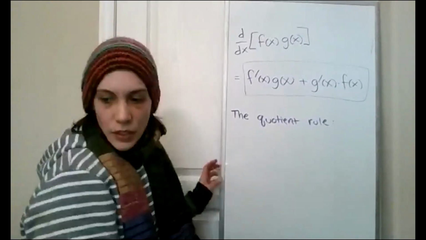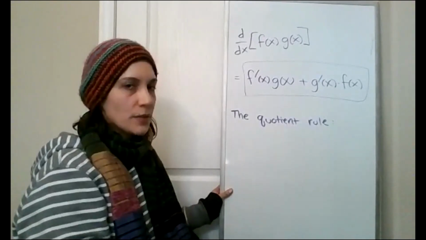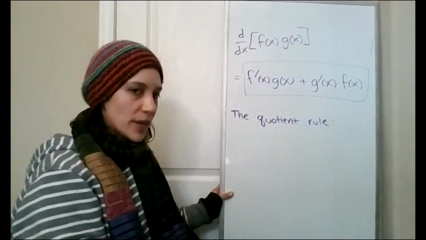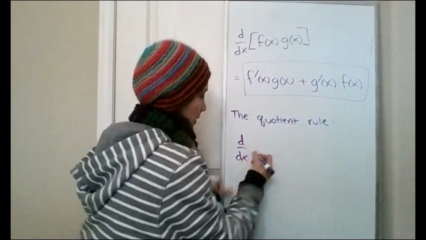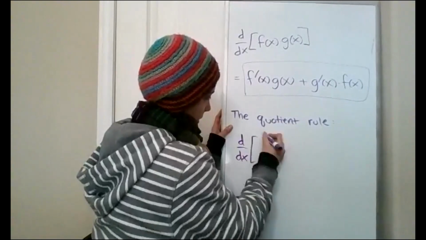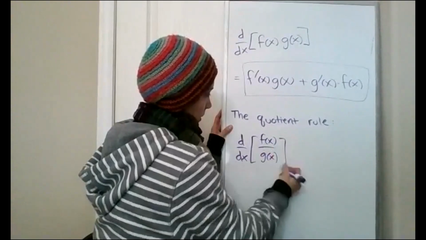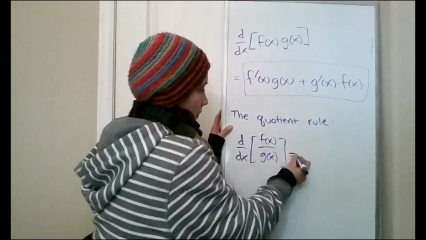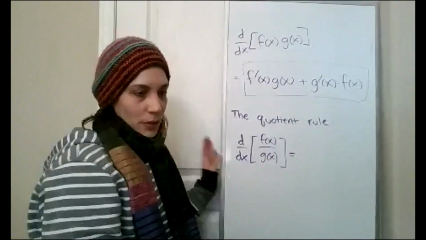So, f and g are differentiable functions. We want the derivative of f of x divided by g of x. So I learned a little rhyme for this.